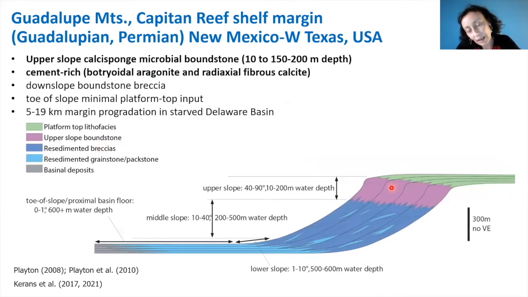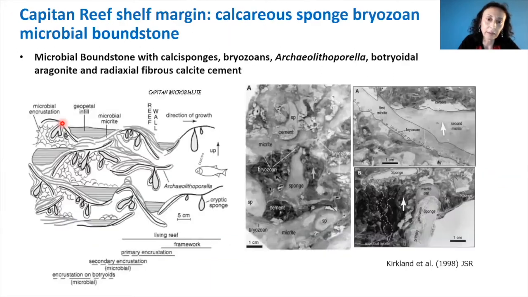And also in this diagram we have the sketch representing the Middle Permian Guadalupe Mountain reef with the microbial boundstone reef associated with calcareous sponges in the upper slope down to depth of nearly 200 meters, adjacent to grain supported breccia, highly cemented and matrix free, and the progradation of this slope was for several kilometers up to 19.